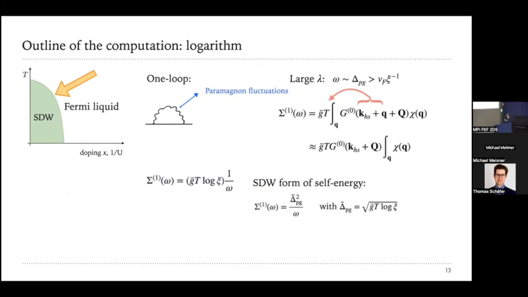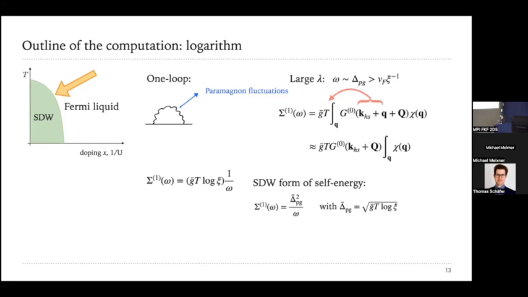And as we know from the Mermin-Wagner theorem, in 2D, this spatial fluctuation will give a logarithm, and this is exactly where this log psi comes from. And this is the form of the self-energy, and you can see that it takes the same form as the SDW self-energy when you identify the gap with the root of T log psi.